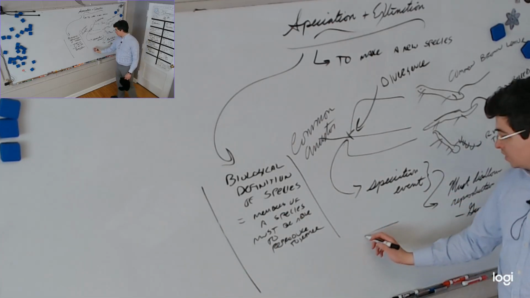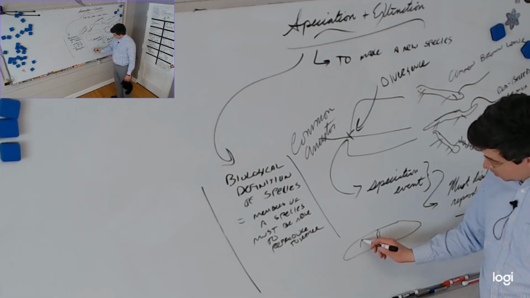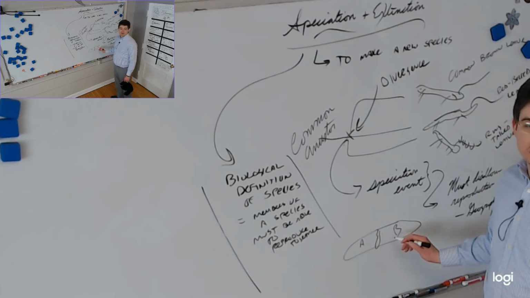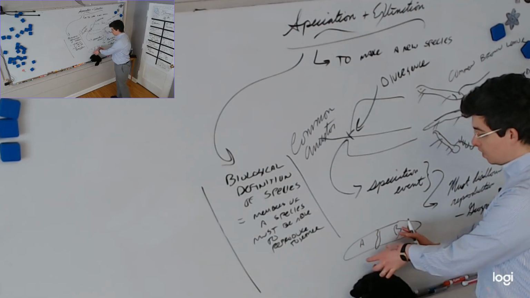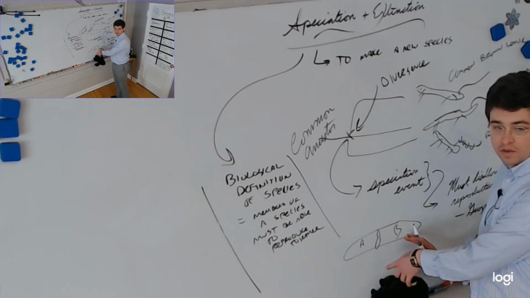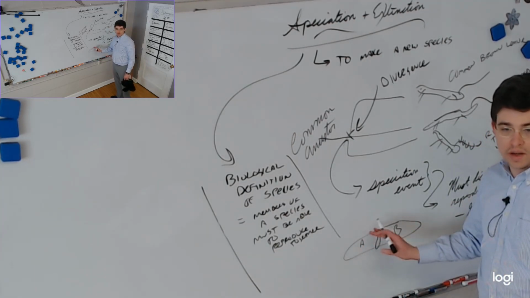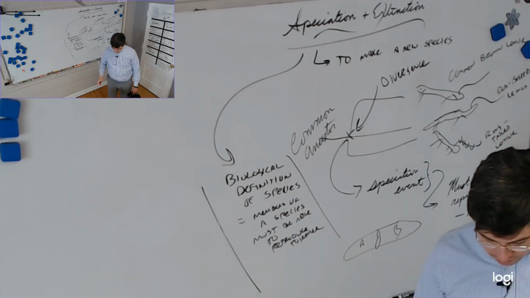So where its range was like this, now a mountain range has come in between. Population A is separated from population B, and eventually their offspring change enough due to the adaptations they have for these different environments, or just genetic randomness, that A and B can no longer breed if they do get introduced to each other. That's a common cause of speciation.